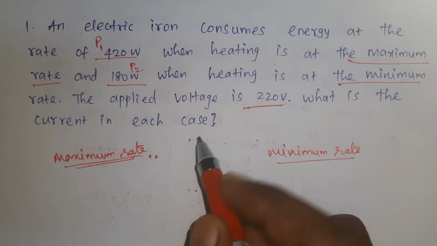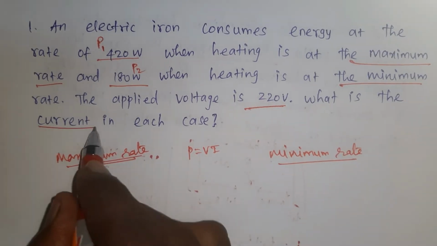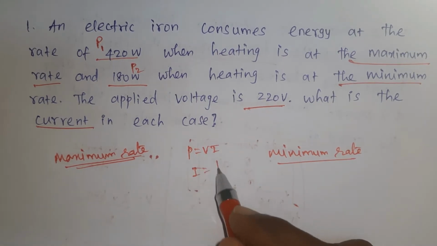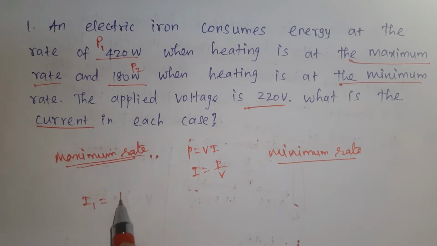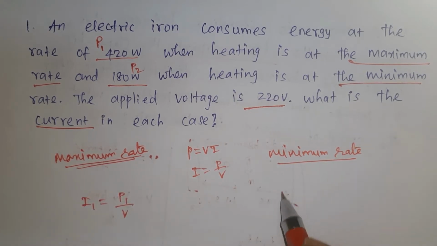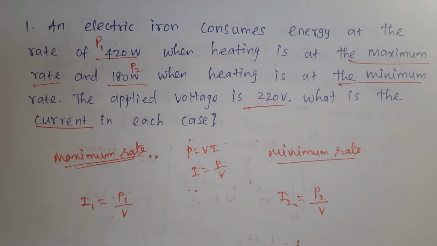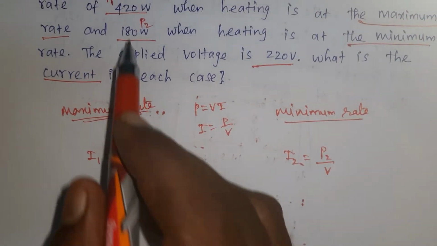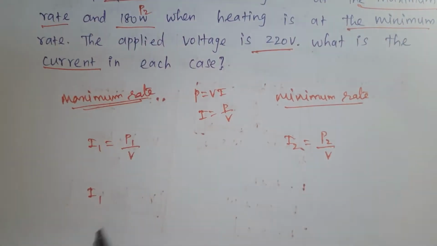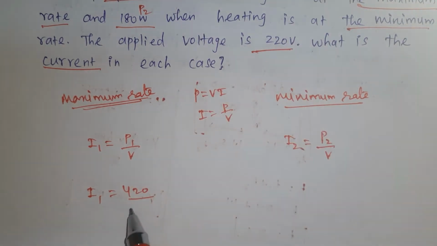Power basic formula, P is equal to VI. We know that. So current we have to find out according to this question. So I is equal to P by V. Now in the maximum rate, I1 is equal to P1 by V. In the minimum rate, I2 is equal to P2 by V. I1 is equal to P1, 420 watt, divided by voltage, in both the cases 220.